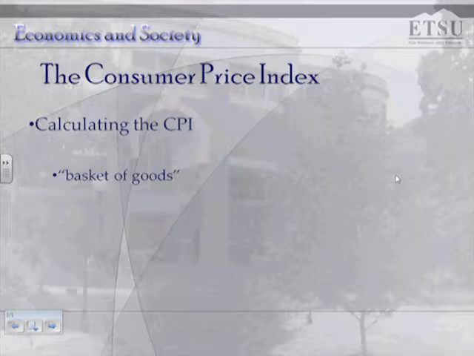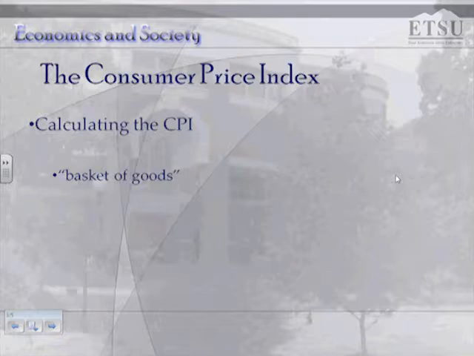It's slow to include things that are new consumer goods. For instance, it probably took a while for them to include an iPad in the consumer price index. I know that it was a long time before things like cell phones were included in this representative basket of goods.